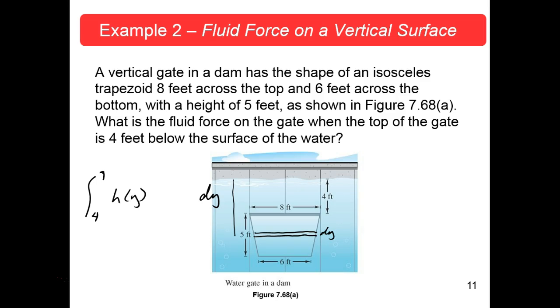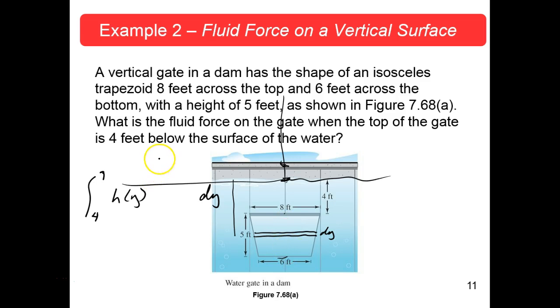I don't know where they're measuring their y from. Oh, there it is. Okay, it is the top. So they put their axis here. Okay, so here y is equal to 0, and then it's going down. So this is the horizontal axis here. y is equal to 0, but the gate is from y equal to 4 down to y equal to 9.